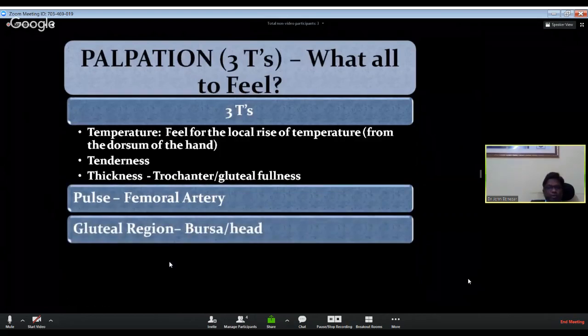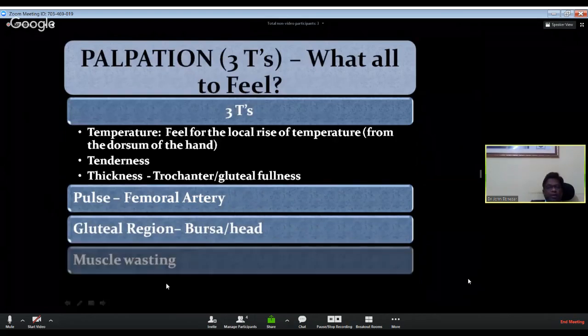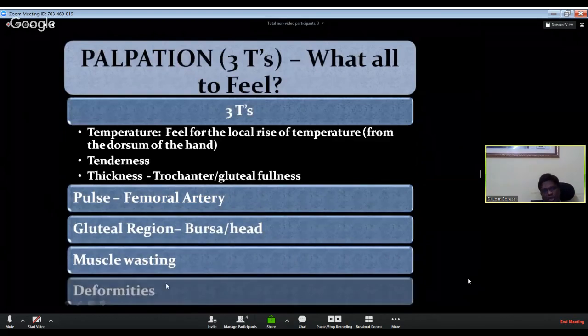Feel for the head of the femur, and feel for the waist and deformities. So in palpation, this is what we're going to do: temperature, tenderness, thickness, femoral artery pulsation, and presence of the head or waist and deformities.